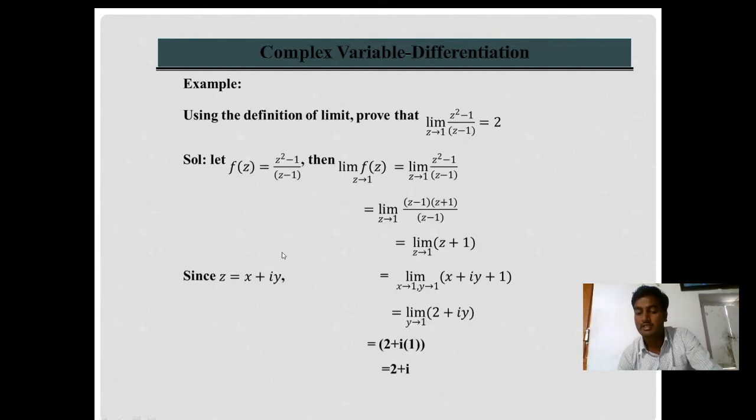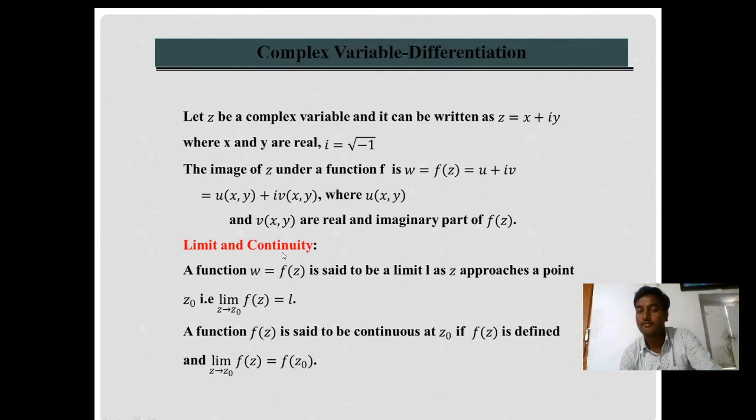Next, coming to definition, limit and continuity. So we have a limit definition in real analysis. That is nothing but limit x tends to x naught f of x equal to f of x naught, right? Similarly, we have a limit definition in complex analysis. So that is, w equal to f of z is said to have a limit L as z approaches a point z naught, limit z tends to z naught f of z equal to L. See, in real analysis and complex analysis, the definition is same.